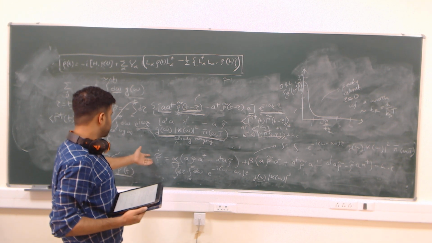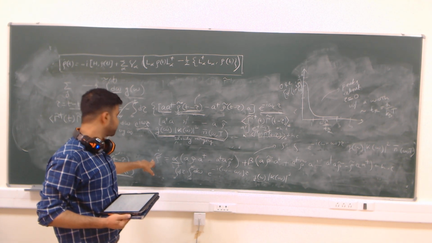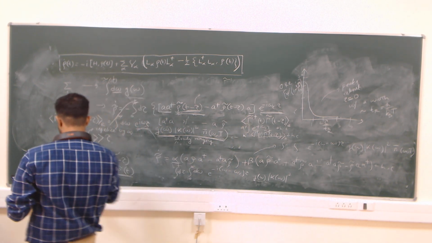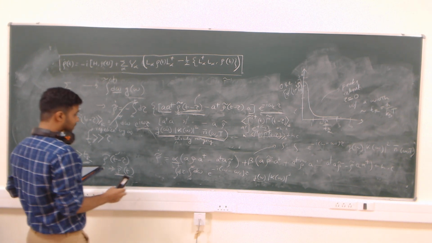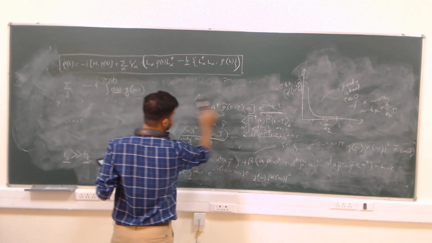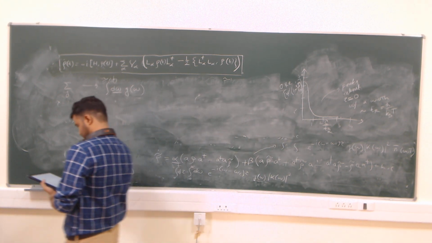Again, we would revert back to the Schrodinger picture by just using the relation between a Schrodinger picture density matrix and interaction picture density matrix, which are valid for arbitrary times. Once we do that, we finally get the expression.